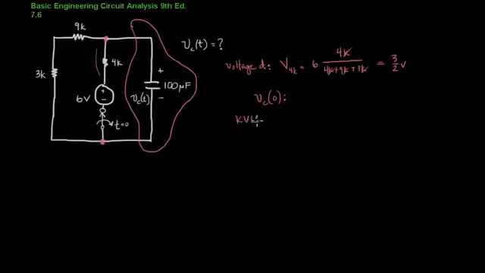By applying KVL, we get minus 6 volts plus 3/2 plus VC at 0, and that equals 0, assuming, of course, that I've labeled my polarities in that way. So when you solve for this, you'll get VC at 0 equals 9/2, or 4.5 volts. This is our initial condition.